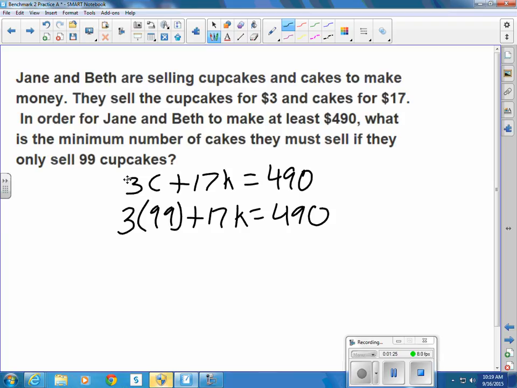Well, 3 times 99 is 3 less than 300, so that would be 297 plus 17K equals 490.